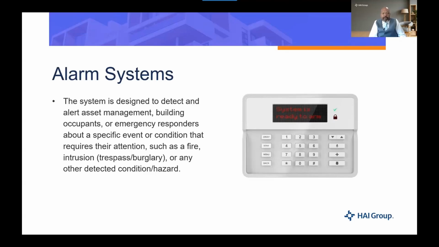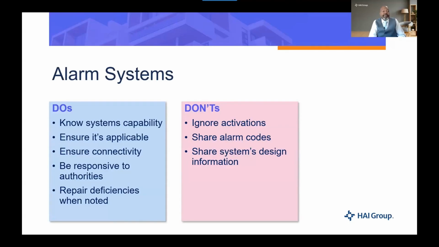Such as fire or intrusion, trespassing, burglary, or any other detected condition or hazard. And there could be a number of them. There are even alarm systems that do temperature detection. So if a temperature falls out of tolerance or out of the range for a particular area within your building, an alarm is triggered and activated, and someone within that process will be notified.